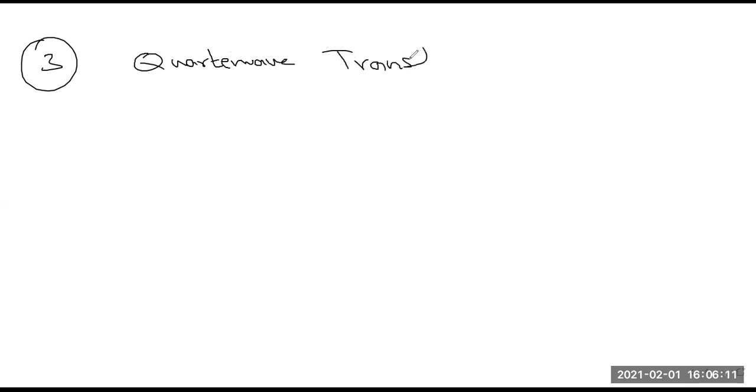The third type of impedance matching circuit is something which we have already covered, but not in that much detail, and that is known as the quarter wave transformer. What is a quarter wave transformer?